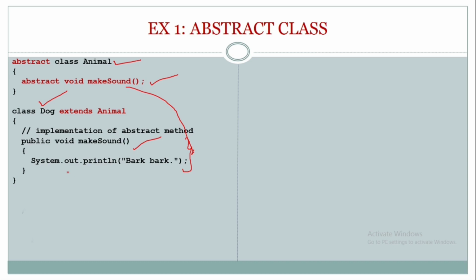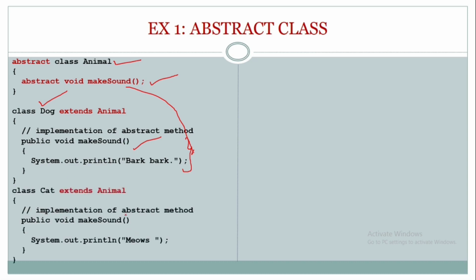Now I'll create one more class called Cat. Even there, I will implement the abstract method. The superclass has an abstract method called makeSound that has to be compulsorily implemented in the subclasses. I'll just print a statement, that is meows.